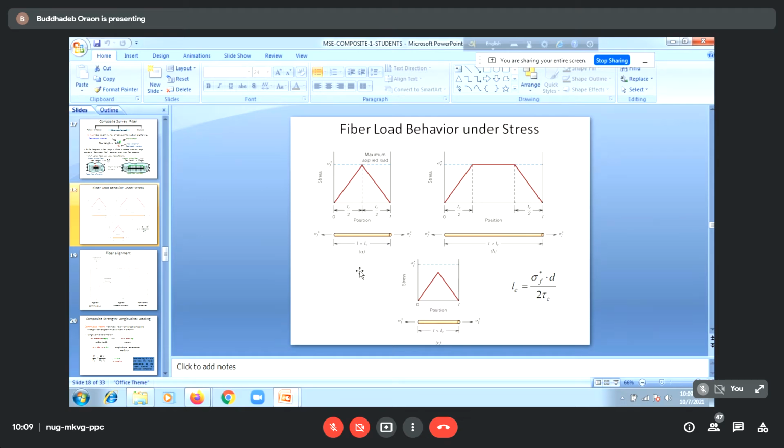So the function of the fiber reinforced composite will not be fulfilled. In designing or developing a particular type of fiber reinforced composite material, this is one of the very important parameters, that is the critical length. The expression of critical length has been given. Besides, other points are to be considered, but this is one of the very important designing criteria.